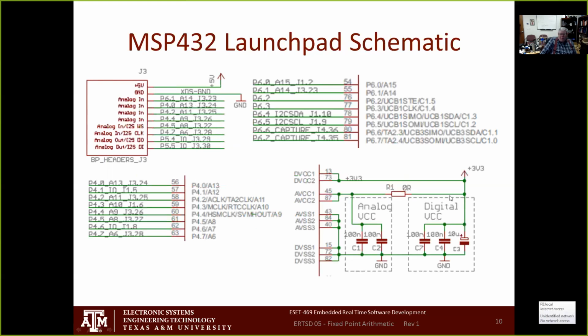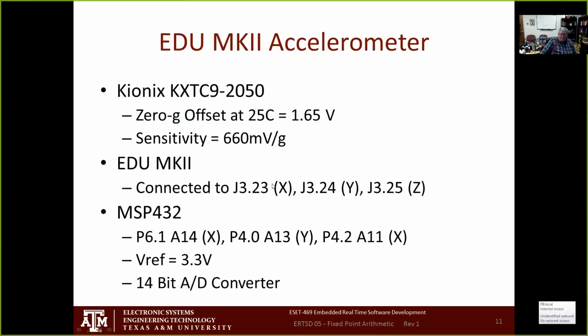And they are all referenced to 3.3 volts. So from the data sheets, what I know about this particular accelerometer is that 0 G's is going to be at 1.65 volts at 25 C. Now that's going to vary over temperature, but we're going to figure that it's 25 degrees C wherever we are.